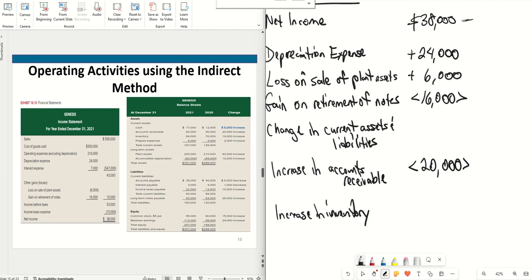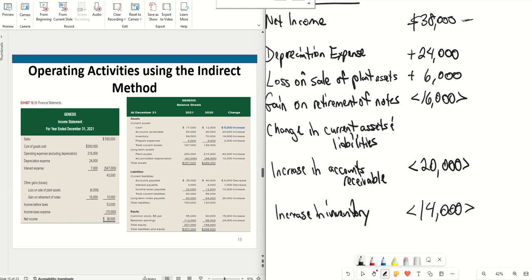Since you acquired more inventory, you need to go ahead and decrease the amount from net income. You used more cash than what was sold in inventory, meaning that you purchased more inventory than what was sold, which is why you have a $14,000 increase in inventory.